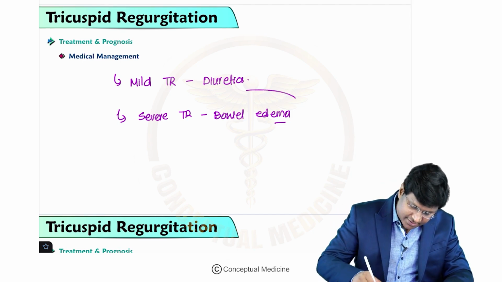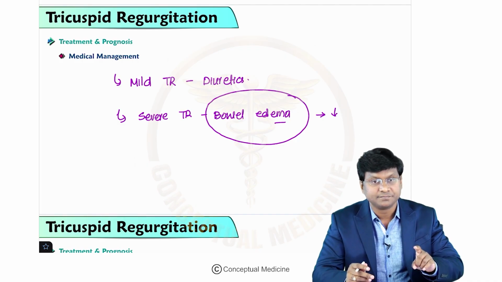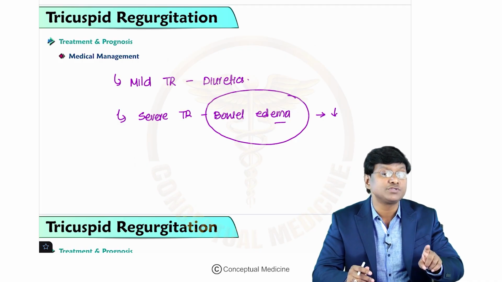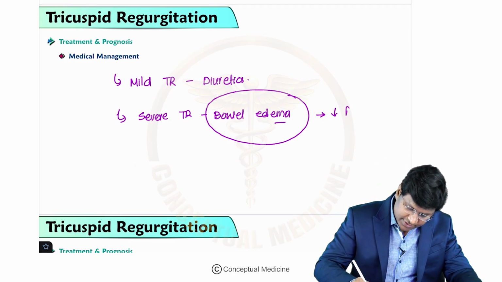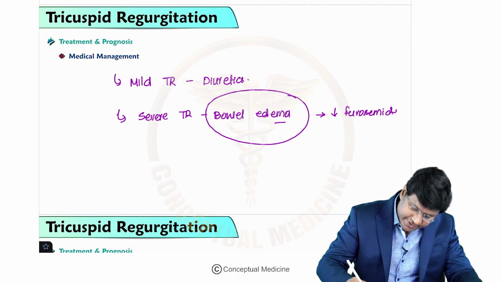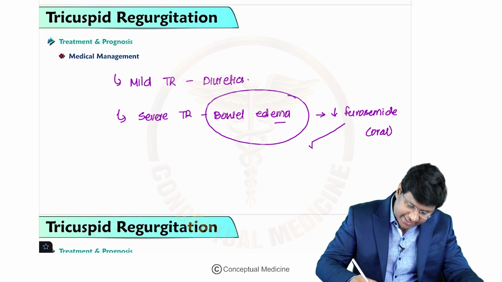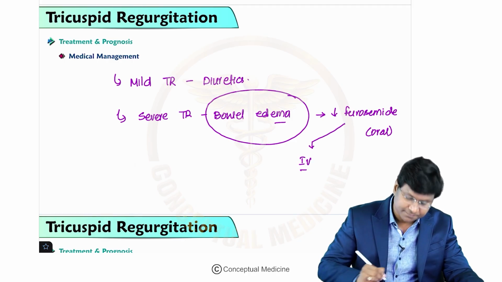This bowel edema will reduce the effectiveness of diuretics such as furosemide. The efficacy of furosemide is reduced if you give it orally in the presence of bowel edema. You have to give furosemide only through the intravenous route.